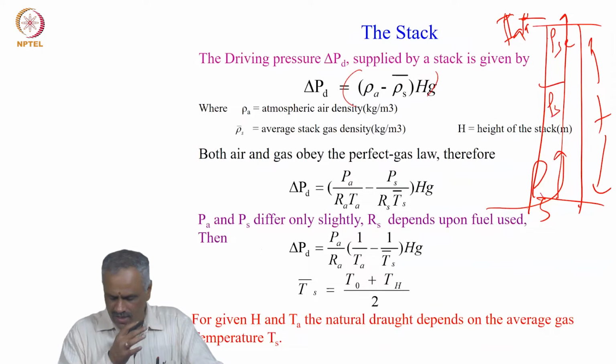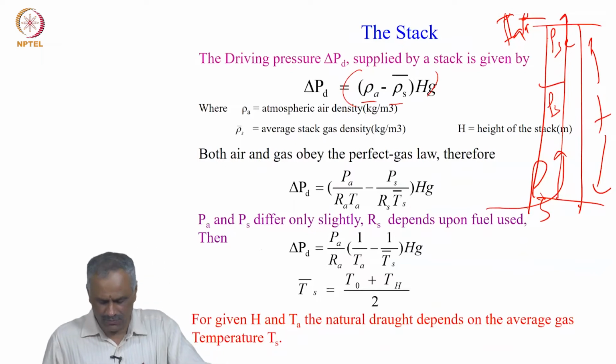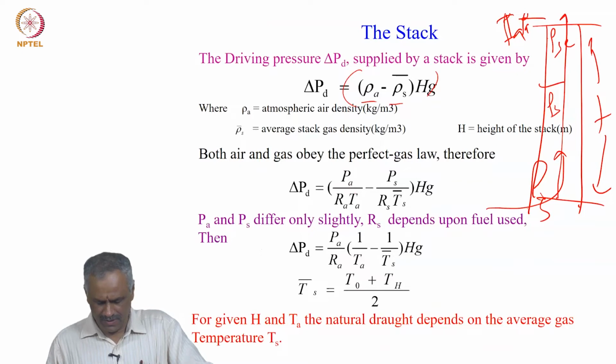Then, if you replace rho a and rho s by considering them as an ideal gas, both air and gas, you can replace rho a by P a by R T, and in the same way P by R T for the flue gas also.